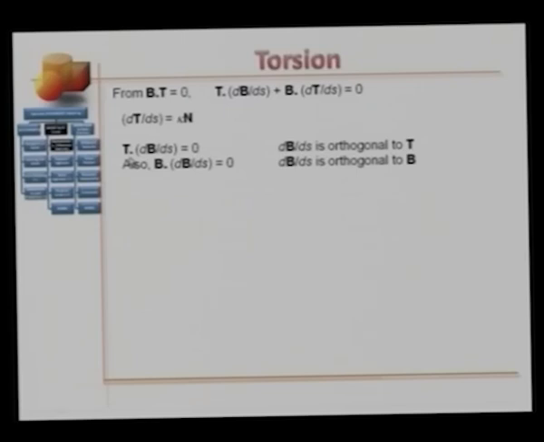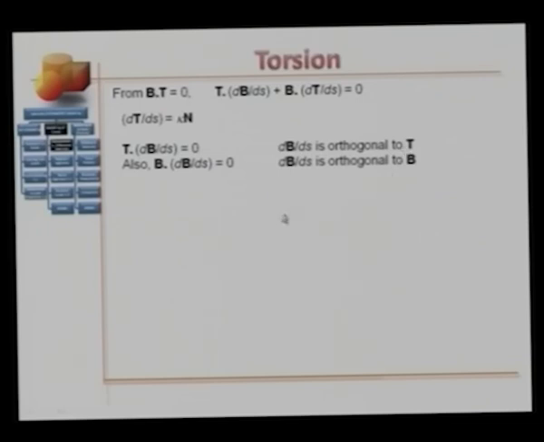Right here, t dotted with db over ds equals 0, which physically implies that the first derivative of the binormal with respect to the arc length is orthogonal to t.